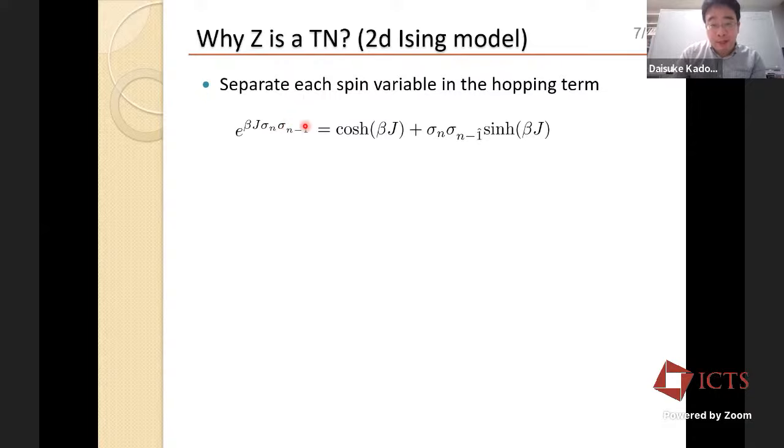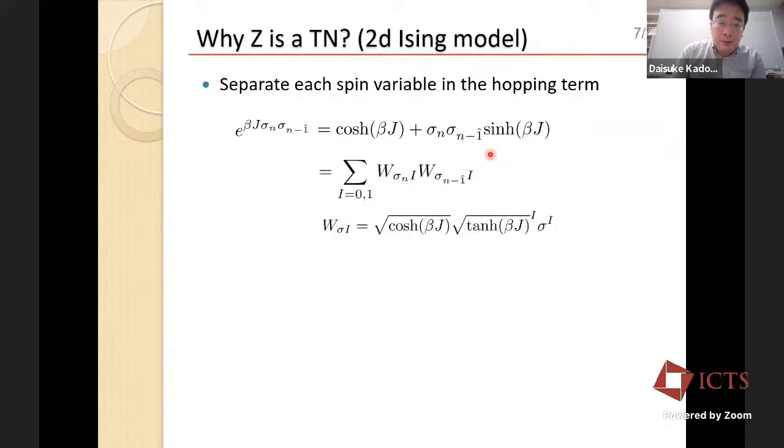So this hopping term is equal to this form. And this form can be written in this form using the 2x2 matrix W.